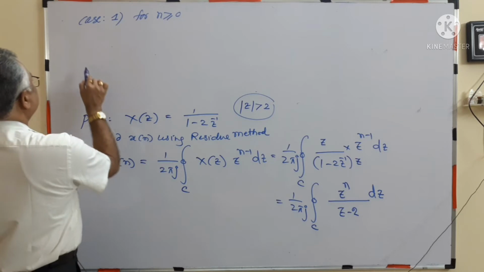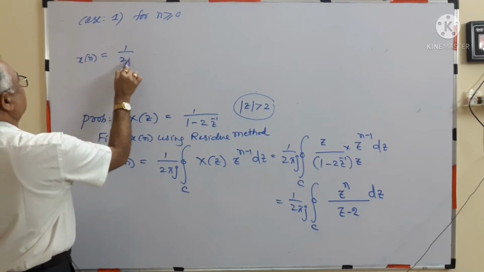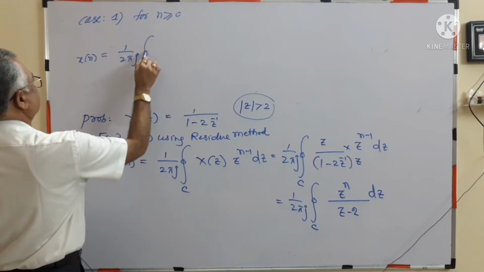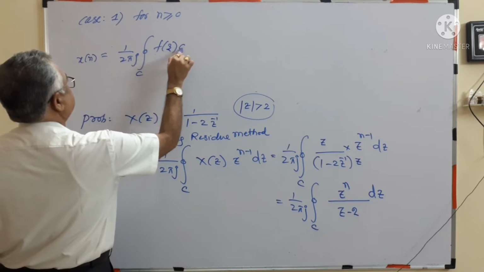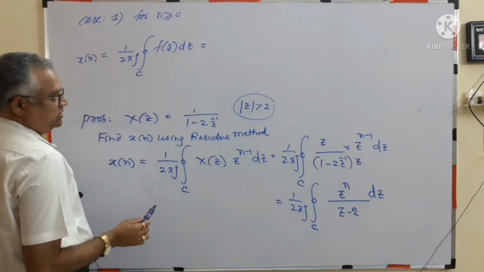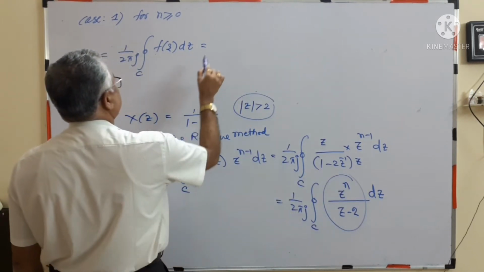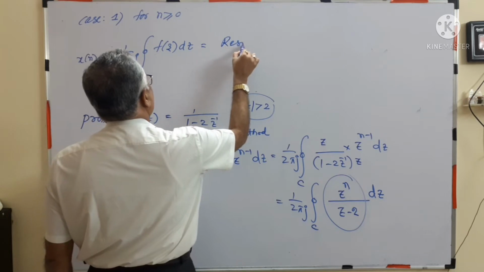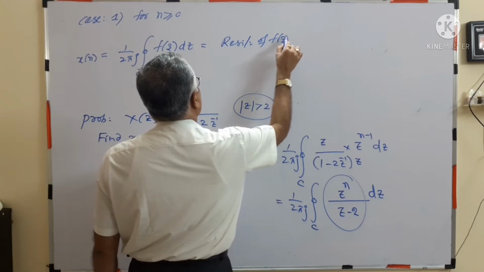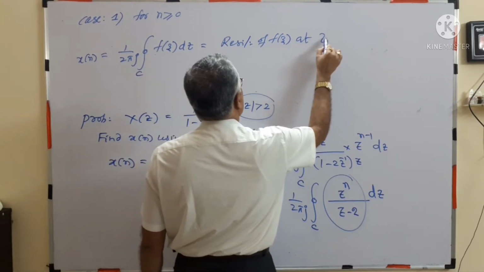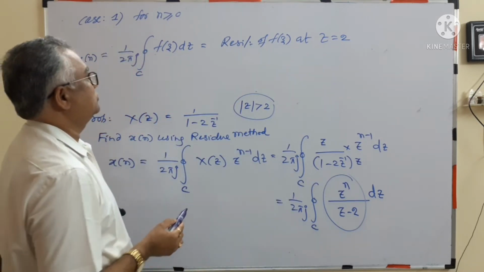So the answer x of n is equal to 1 by 2 pi j integral of f of z dz. This is f of z. The integral of F of z dz is equal to the residue of f of z at z equal to 2.